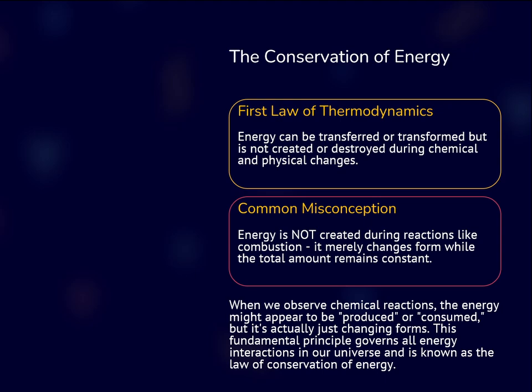But no energy was "created," because the total amount of energy in the system and surroundings remained constant. A common misconception students often have is saying energy is produced during combustion. But scientifically, we know that energy is simply changing form, not being born or destroyed.